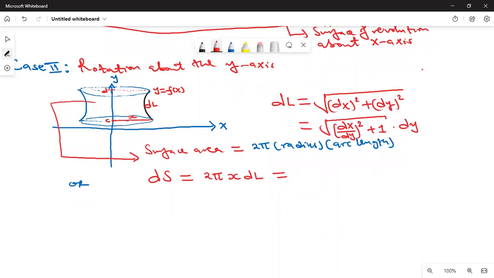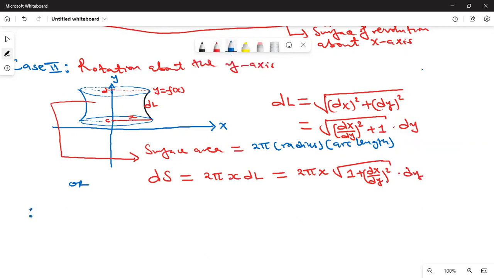So that here we'll talk of 2 pi x, the square root of 1 plus dx over dy squared times dy. So to get s, you integrate both sides.